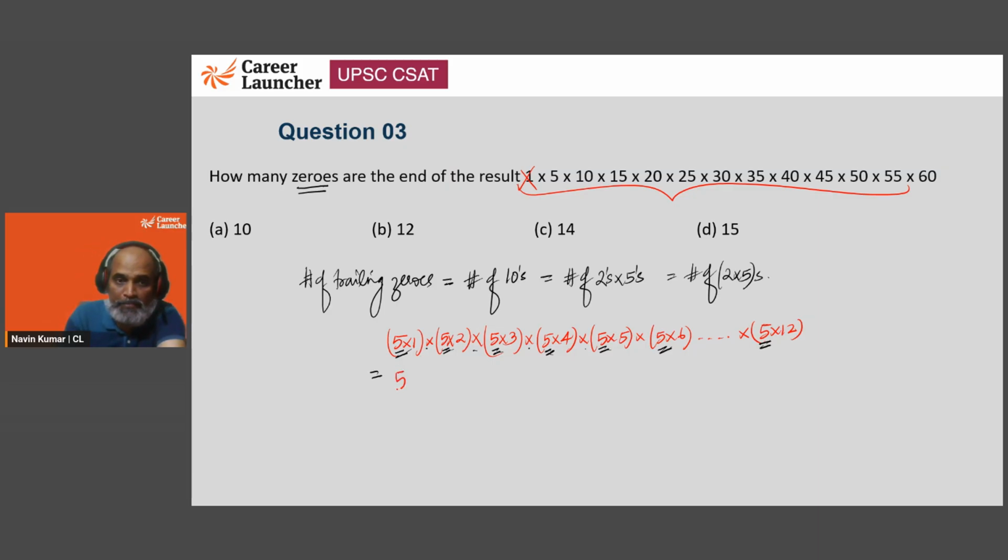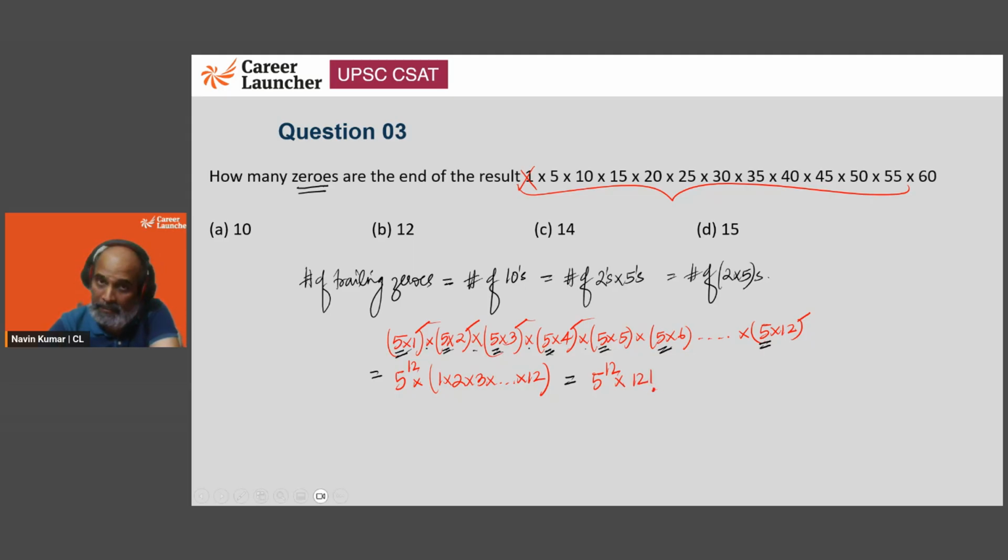So we will get 5 raised to 12 into, we'll be left with 1, 2, 3, 4, and so on up to 12, that is getting multiplied. So 1 into 2 into 3 and so on up to 12. Now, the product of all the numbers from 1 to 12 is nothing but 12 factorial. So we get 5 to the power 12 into 12 factorial.